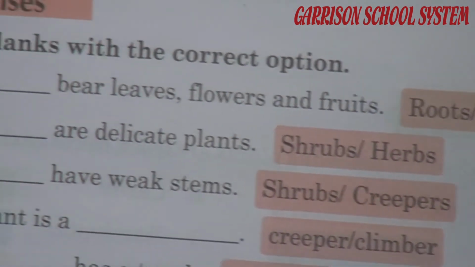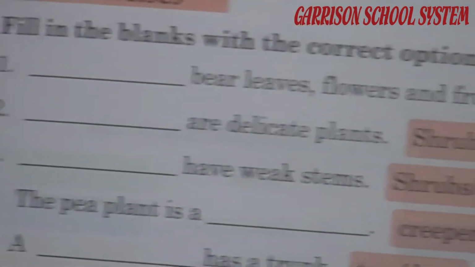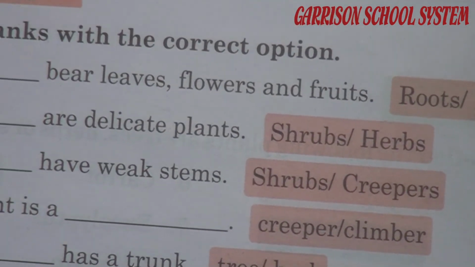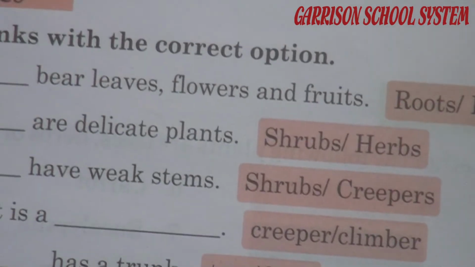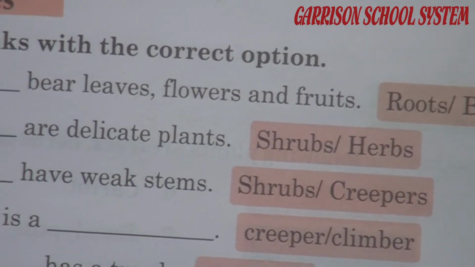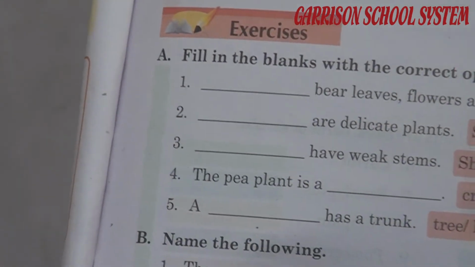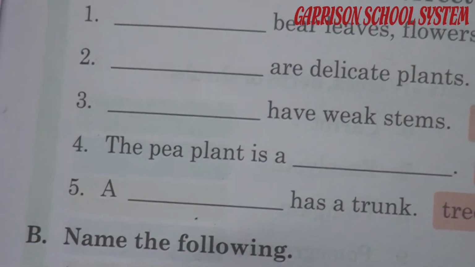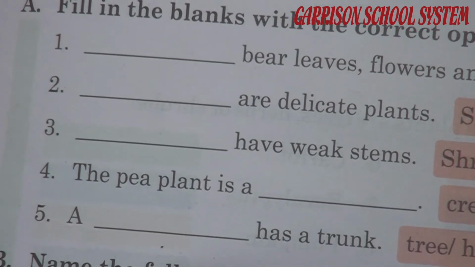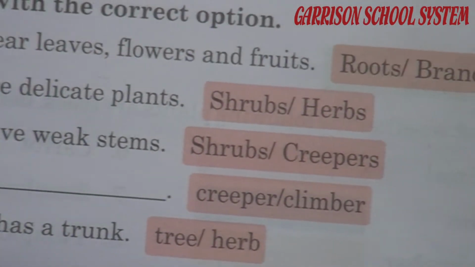Number 2, dash are delicate plants. Delicate means weak plants. Options are shrubs or herbs? Herbs. H-E-R-B-S, herbs is the right option. Number 3, dash have weak stems. Shrubs or creepers? Creepers.